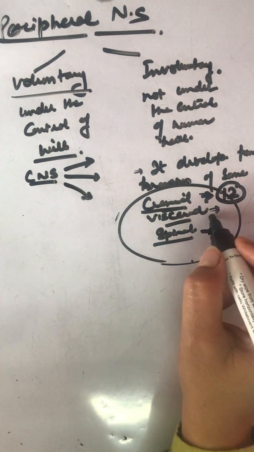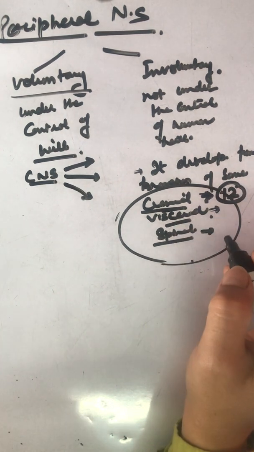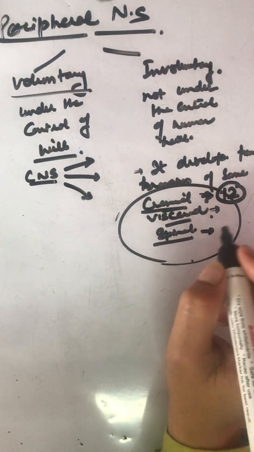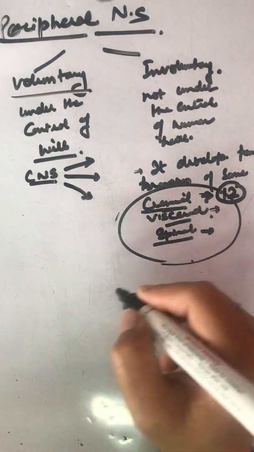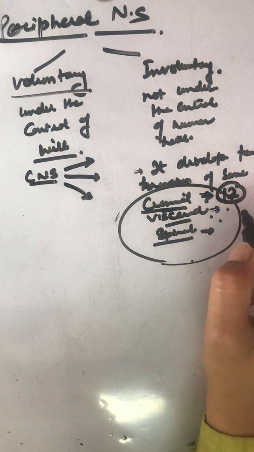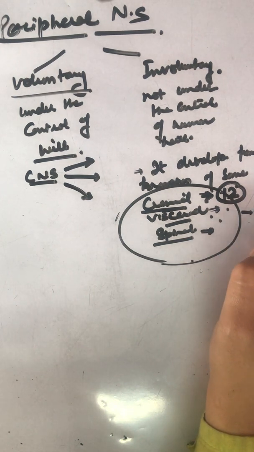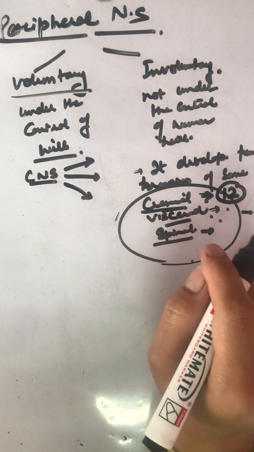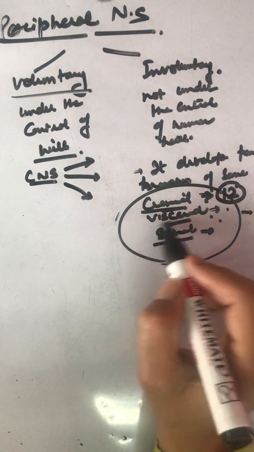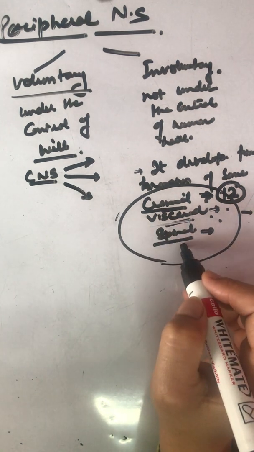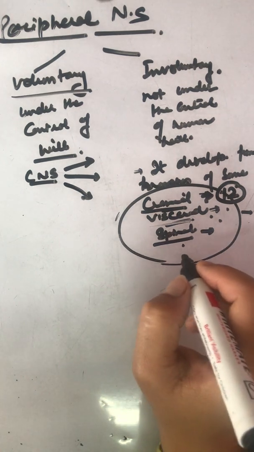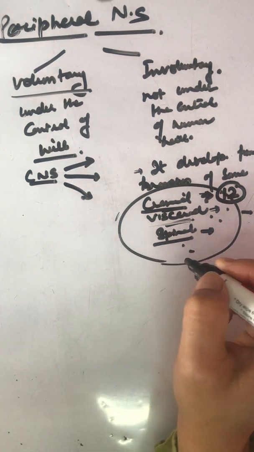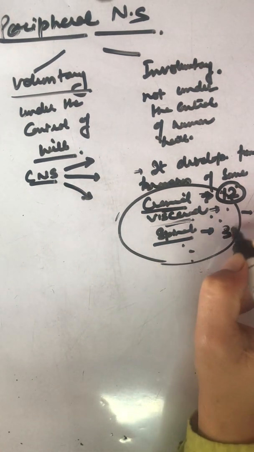And when we talk about visceral, visceral are regulatory. That means these only control the activities, and these go to the heart, kidney, all those organs. These are basically in the autonomic nervous system. They do not have pairs like this. Spinal are mixed. They carry both sensory as well as motor, and there are 31 pairs.